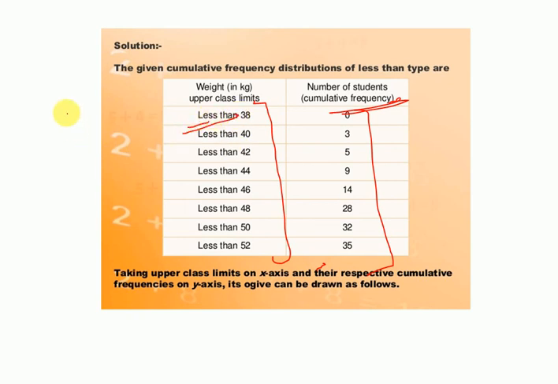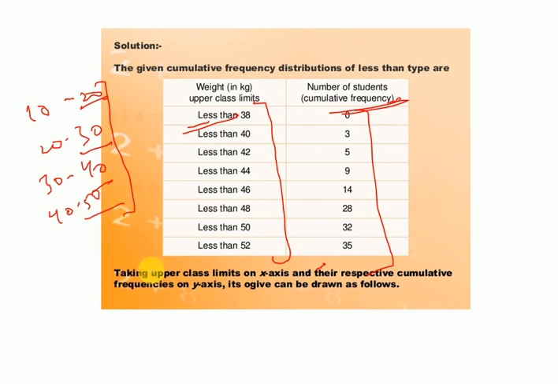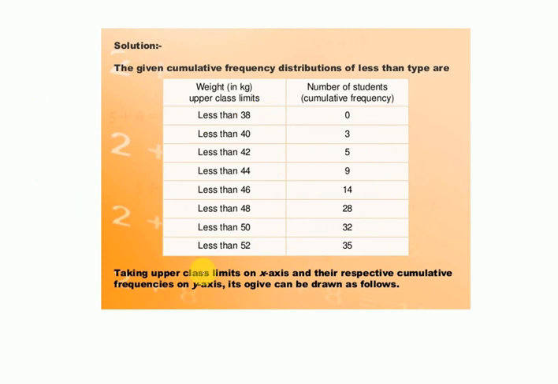If we are given groups like 10 to 20, 20 to 30, 30 to 40, 40 to 50, then you have to first change it. You will write less than 20, less than 30, less than 40, less than 50, like that. But we are already given that, so we do not have to change it.